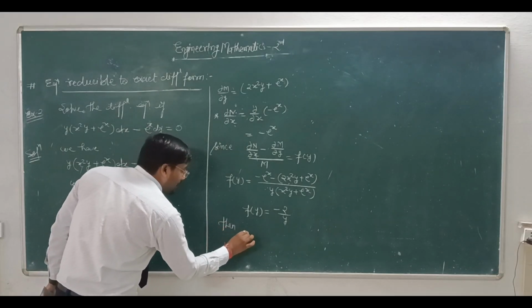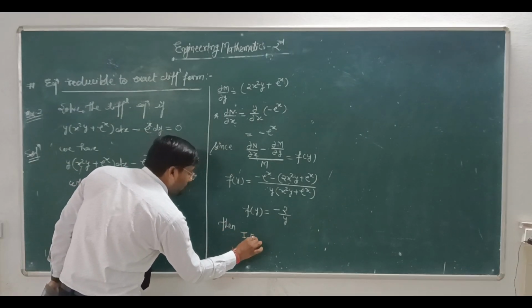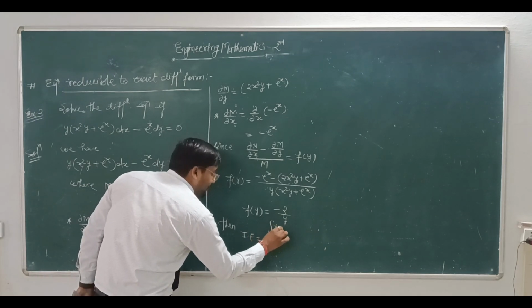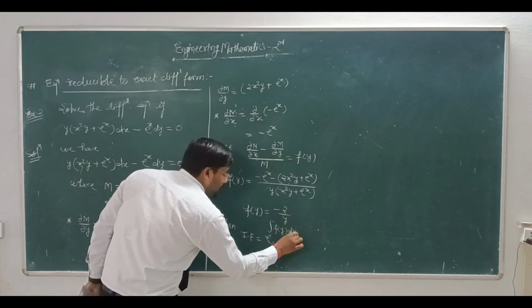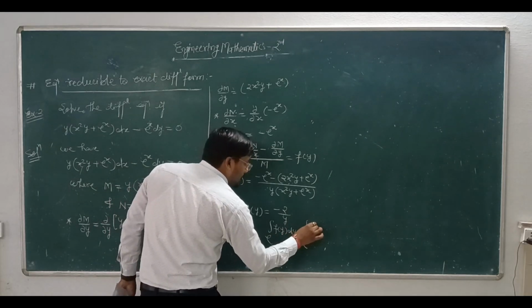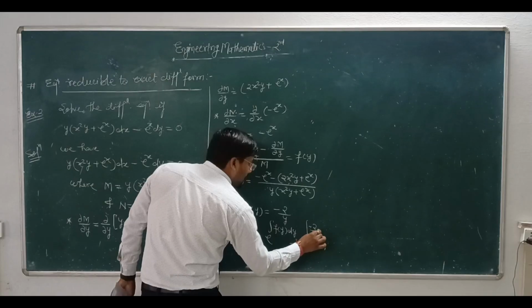Then the integrating factor IF is equal to e to the power integration of f(y) dy. Now you can write e to the power integration of minus 2 upon y dy.